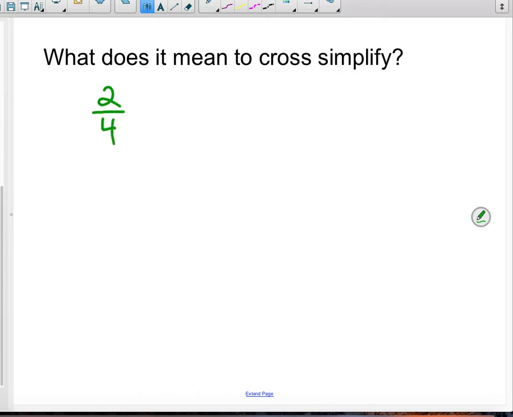So if you have a problem such as 2/4 times, let's say, 8/12, you would get 2 times 8 is 16, and 4 times 12 is 48. And then this answer would have to be simplified before you finish your problem.